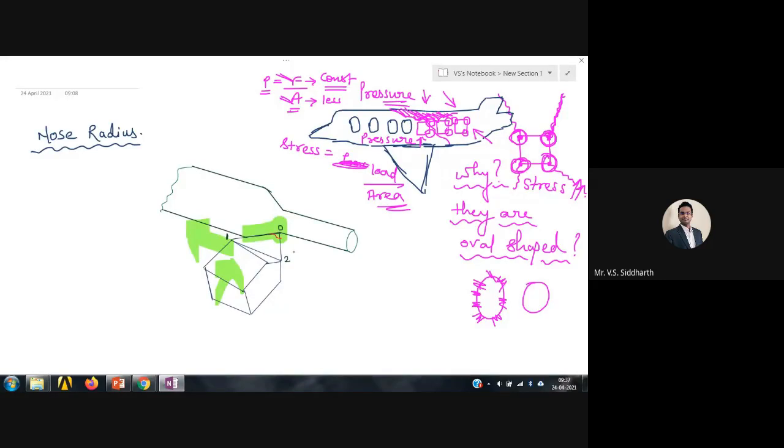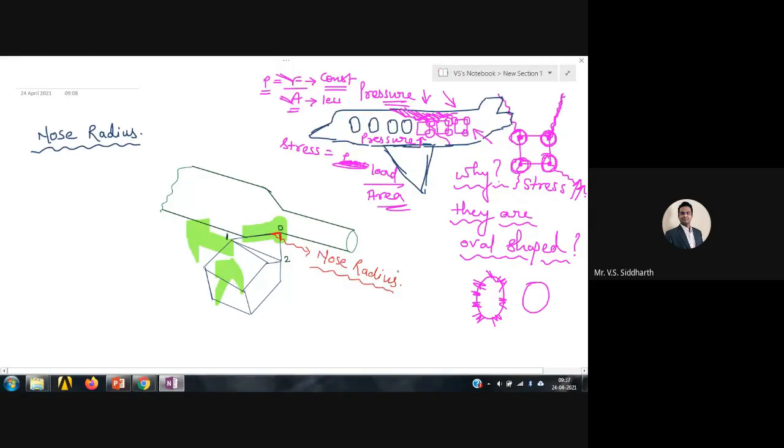So what we do is, instead of keeping the nose sharp, we generally give a small radius to the nose. And that radius is known as nose radius. Okay, that radius is nose radius.